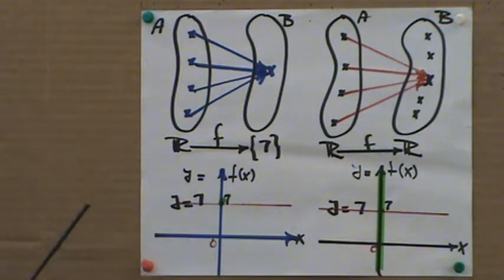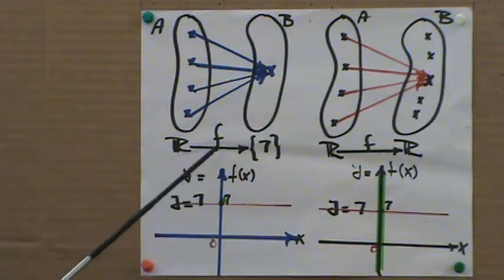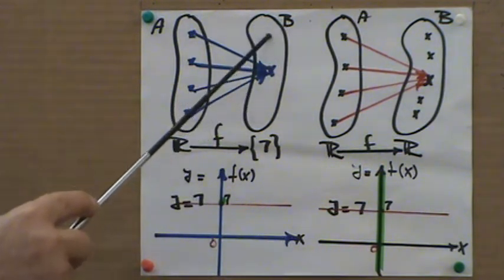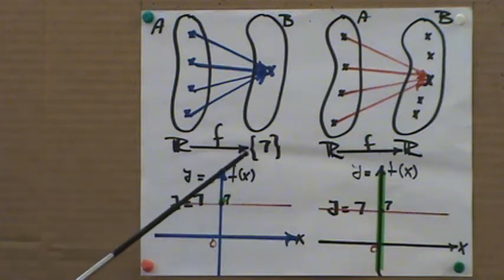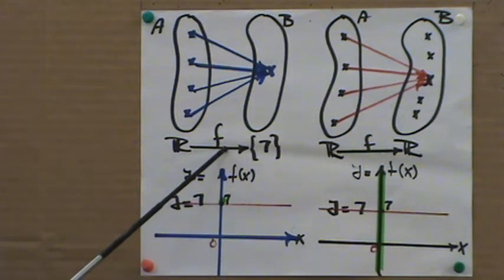Now, this is called onto mapping, because all the elements in the range, which is only one single element, have been used. There is nothing left. So this is called onto mapping, or surjective.